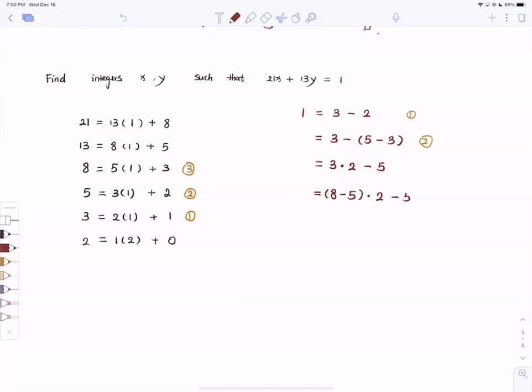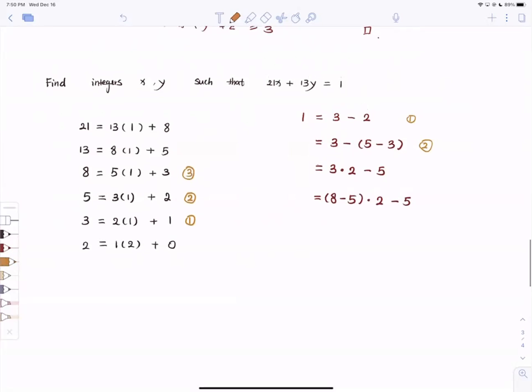Minus 5. Okay. Now, open the bracket again. So this is 8 times 2 minus 2 times 5 minus 5, so minus 5 times 3.